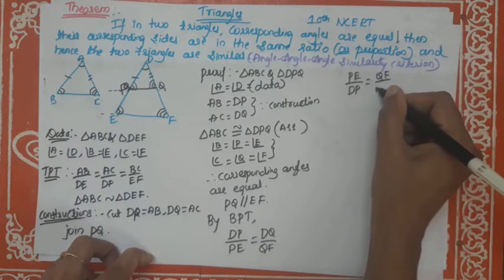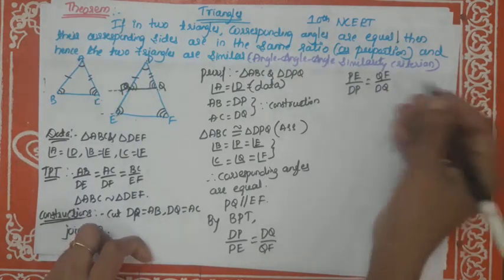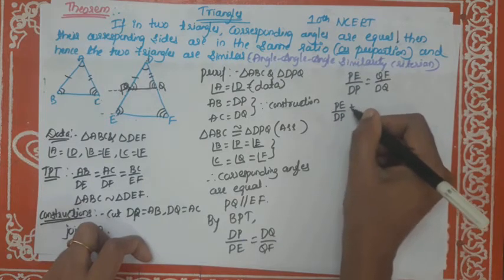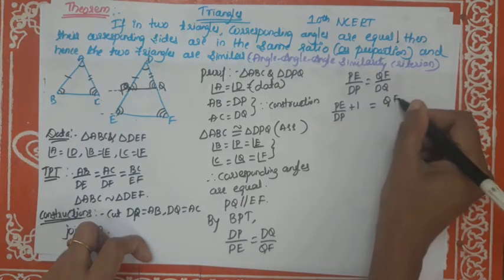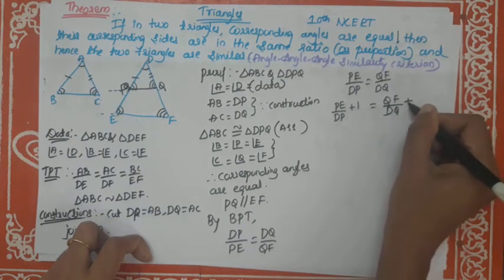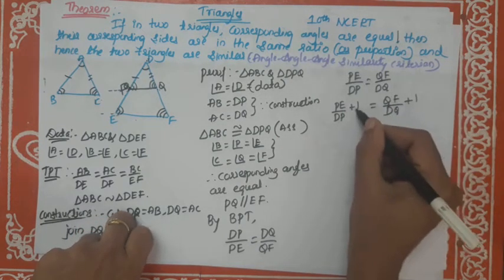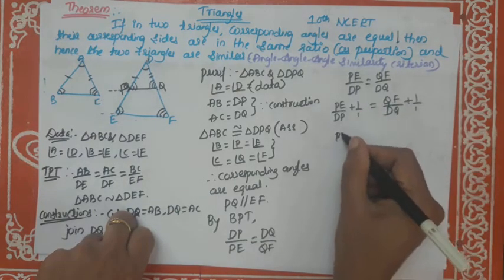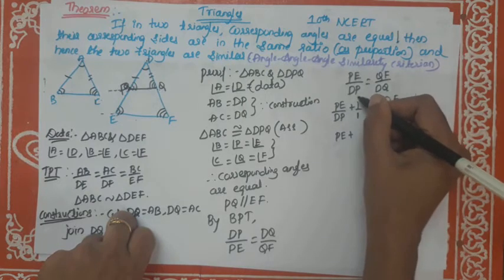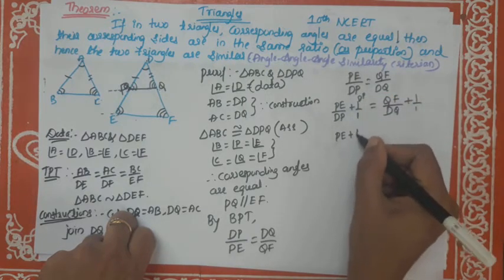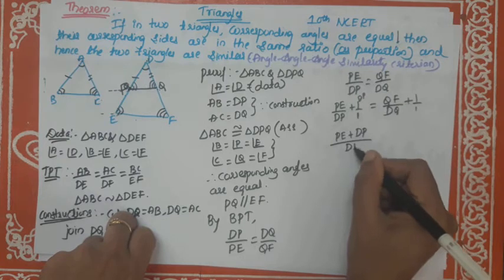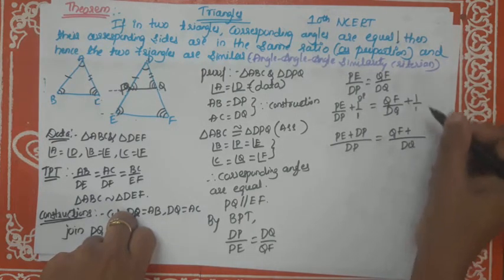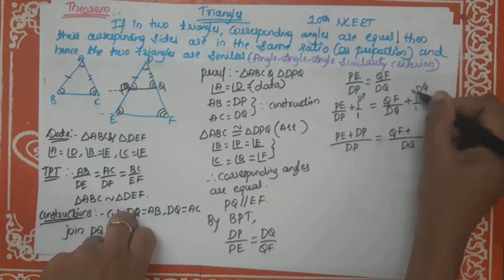Now I add 1 on both sides: PE by DP plus 1 equals QF by DQ plus 1. Here the LCM is DP and here the LCM is DQ.